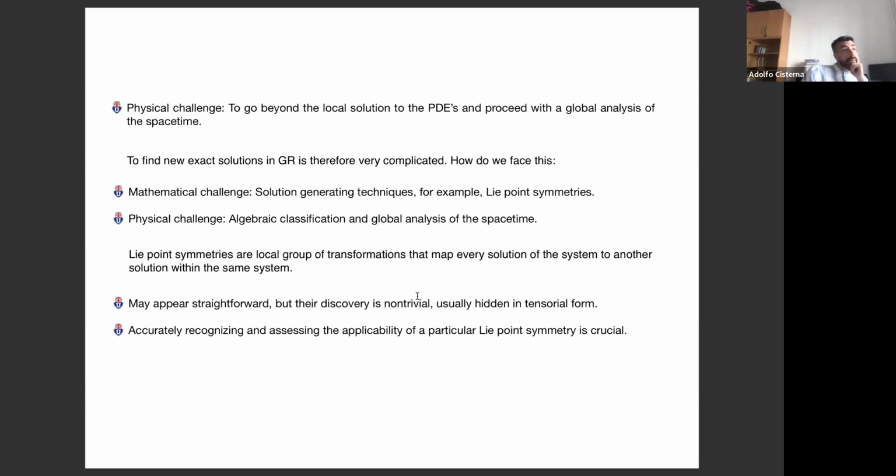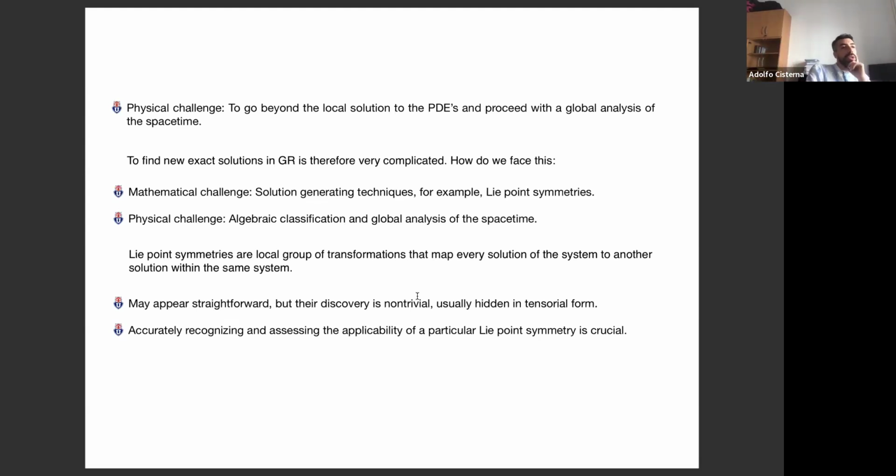But what are these Lie point symmetries? They are the things that we are going to use. Well, these are local groups of transformations that map every solution of the system into another. So there are symmetries of your system of PDEs that allow you to map in between, like a map inside the spectrum of solutions you have.